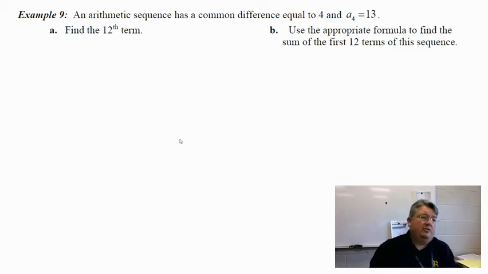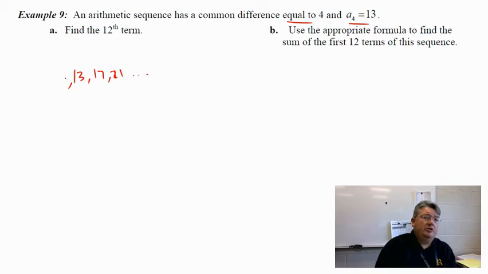This is a little bit different. An arithmetic sequence has a common difference equal to 4, and the fourth term is 13. So I'll be honest, I would go 13, 17, 21, and so forth. And that's the fourth term.